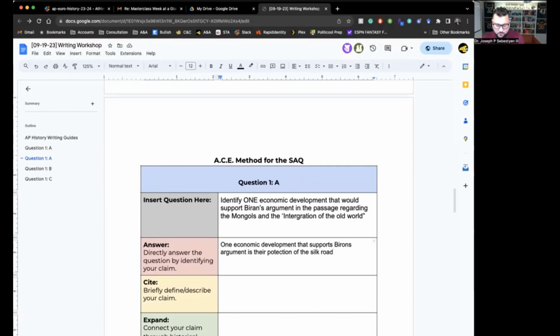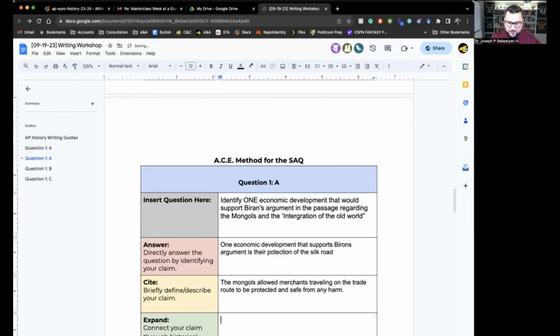So, what's the evidence? Well, I know, and again, this might be new. This will be new to you guys next week if you haven't learned it. It allowed merchants traveling on the trade route to be protected and safe from any harm.